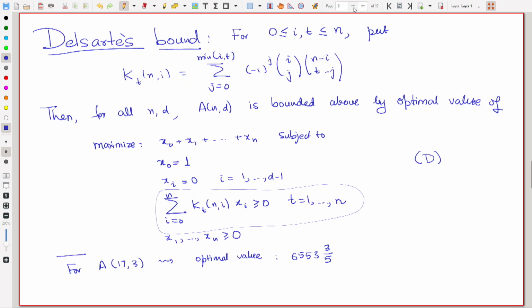But I found it a very fascinating use of linear programming to give a way to compute an upper bound for A and D as an optimal solution to a linear programming problem, and it gives almost the best bound for A 17,3.